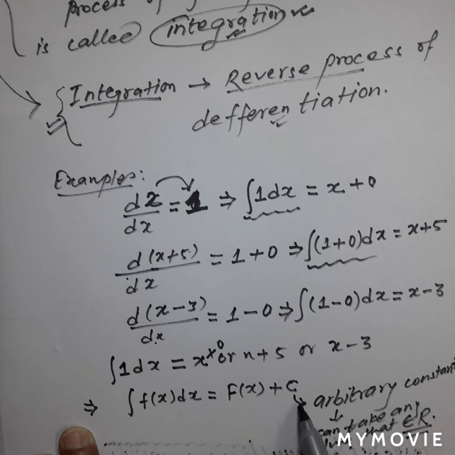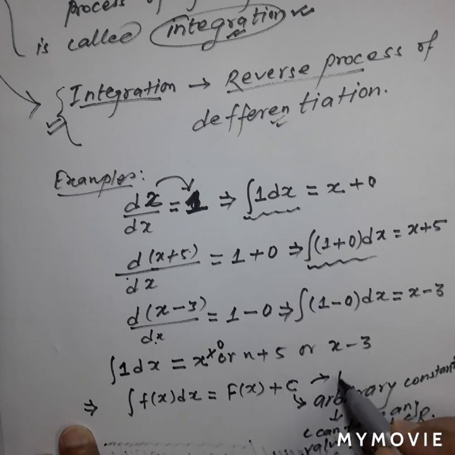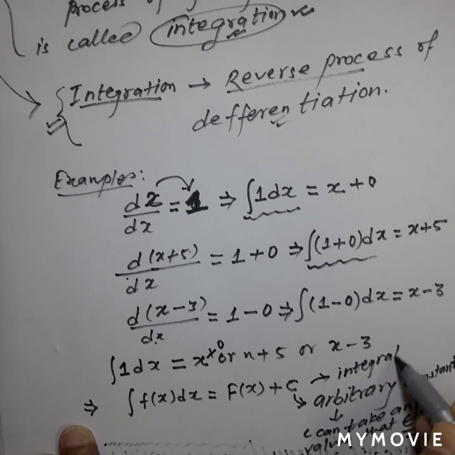That's why c is called arbitrary constant, and it is also known as integration constant or constant of integration. Integration constant or arbitrary constant, we can say any one.